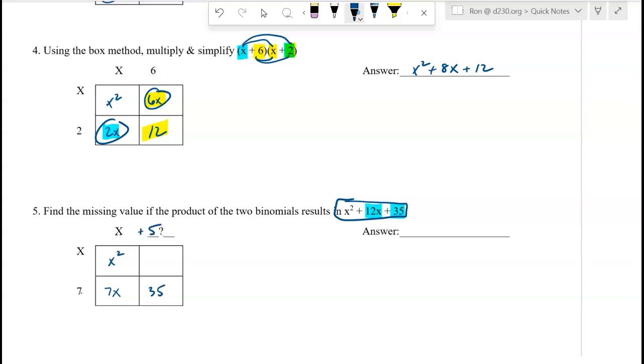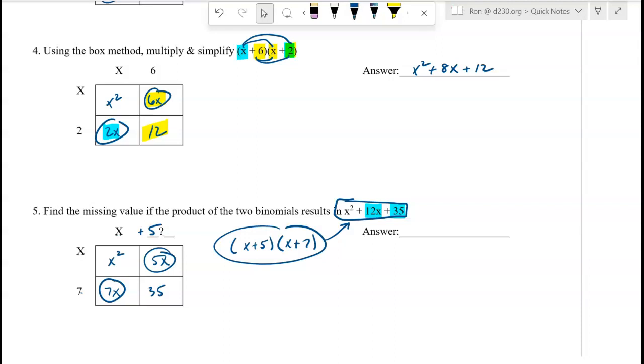That would be positive 5. And then is 5 times x going to give me 5x? Yes. If I add these together, 5x and 7x, does that add up to 12x? Yes. So if I took x plus 5 and multiplied it by x plus 7, I would get the polynomial I started with.